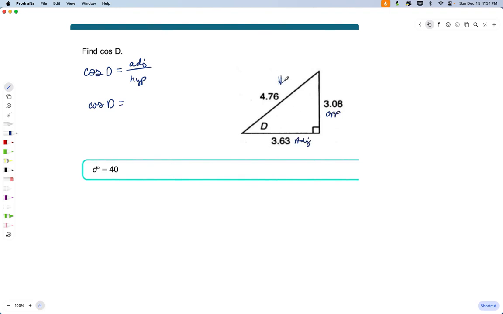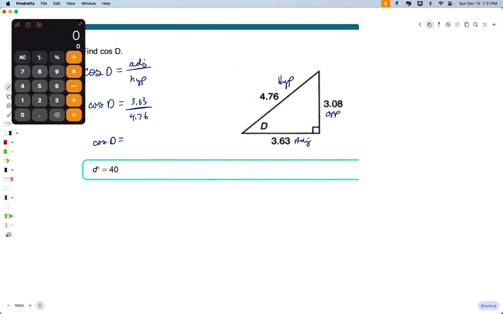So it's going to be adjacent over hypotenuse, so 3.63 divided by 4.76. So the cosine of D is going to be equal to 3.63 divided by 4.76. So that's going to be 0.76.